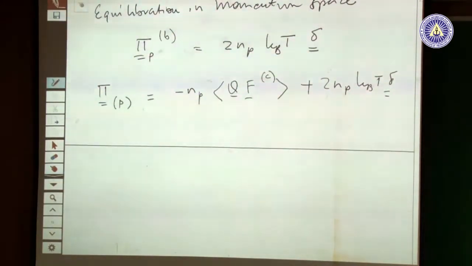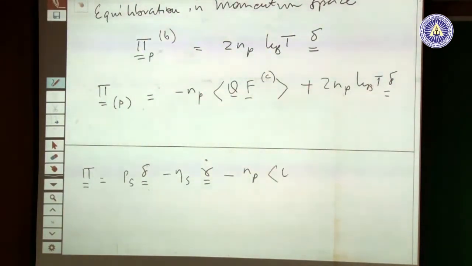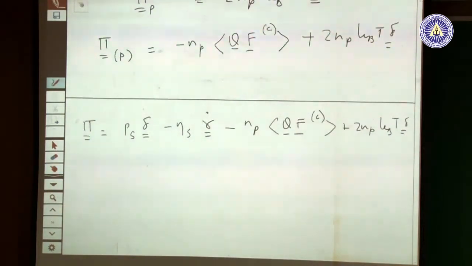Which means that the total stress Pi is P_s delta, plus, no, minus eta_s gamma dot, minus n_p <Q F_c> plus 2 n_p k_B T delta. So, the equilibrium, sorry.